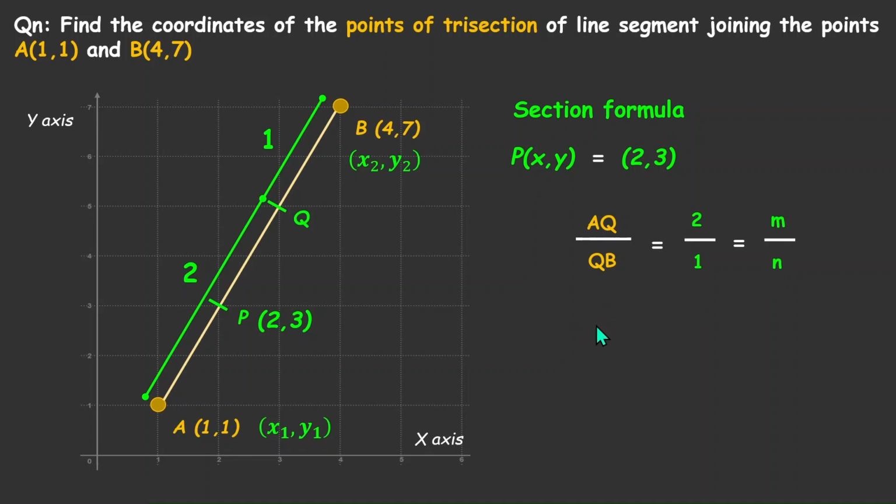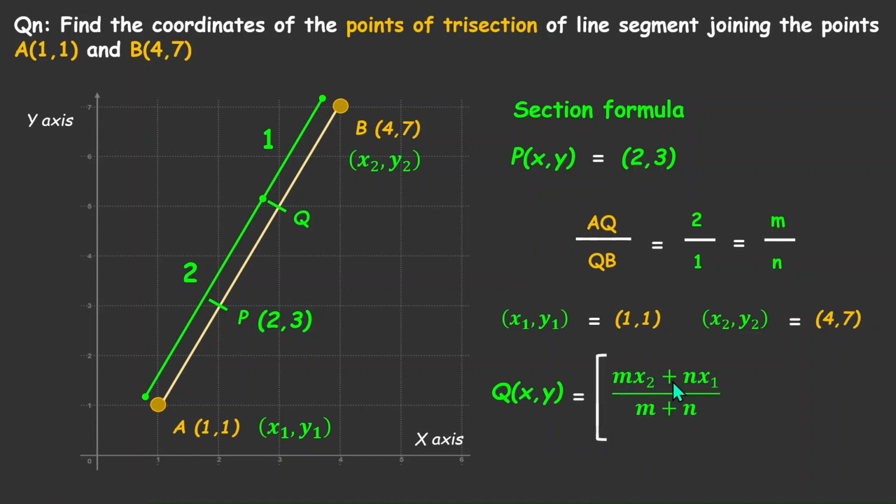Now let's apply the same section formula. Here x1, y1 is 1, 1 and x2, y2 would be 4, 7 only, same as the last one. So now our formula is Q(x, y) is equal to (m x2 plus n x1) divided by (m plus n), comma, (m y2 plus n y1) divided by (m plus n). Let's plug in the values.